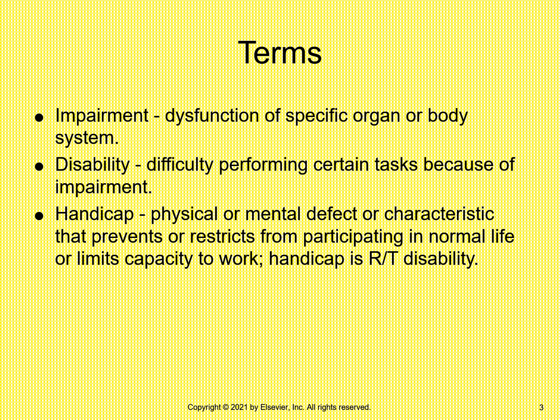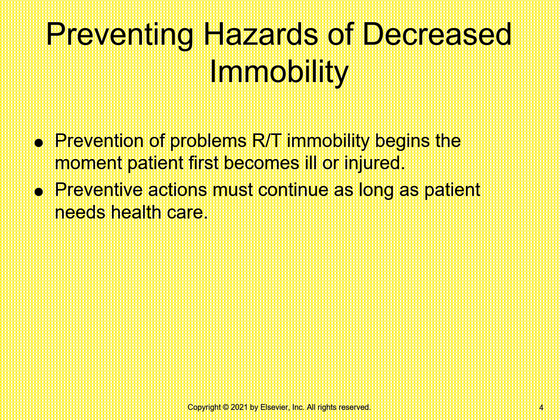The term handicap is not used as frequently. Early effects of decreased mobility include a decrease in muscle strength, generalized weakness, easily fatigued, joint stiffness, decreased coordination, abdominal distension, and metabolic changes that are detectable by laboratory testing.